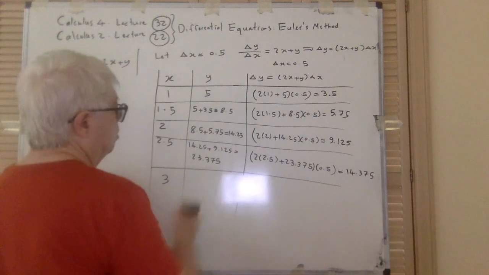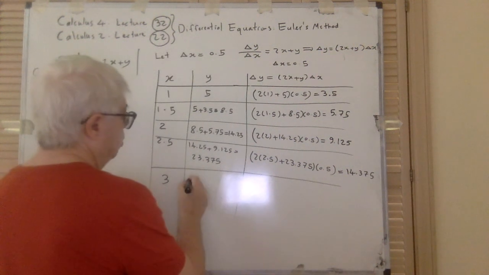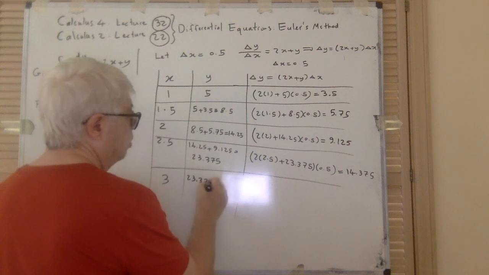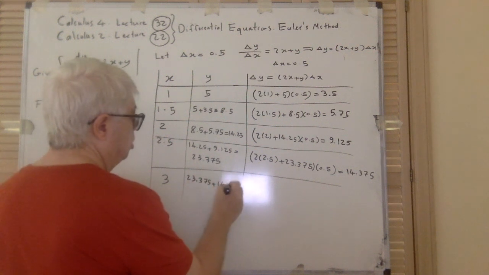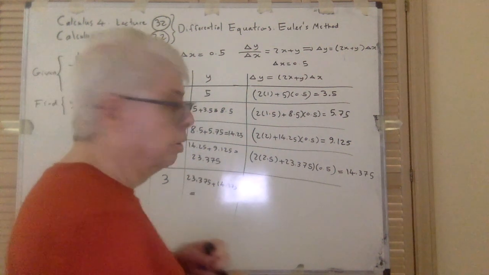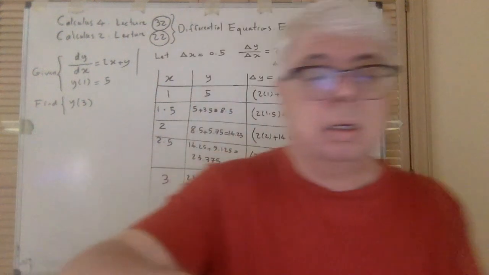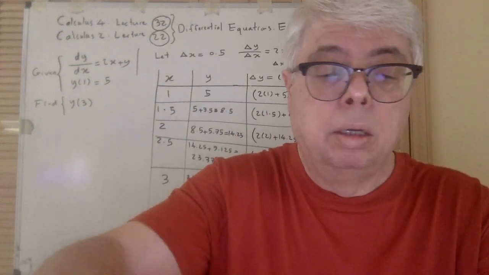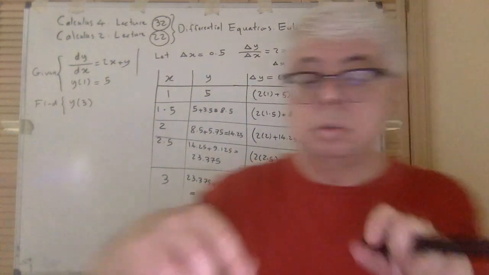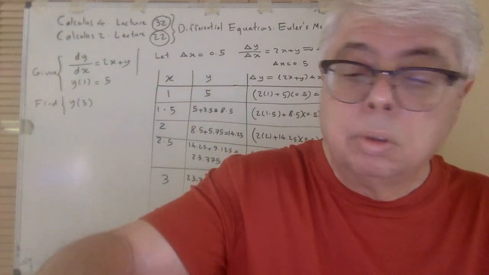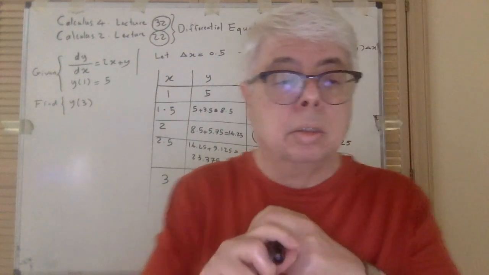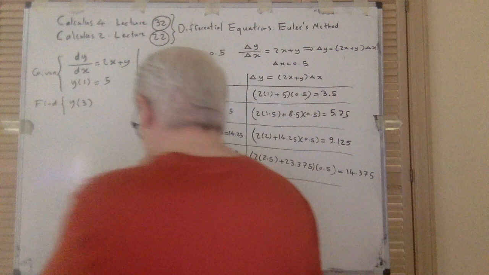Okay, well, I'm done because there's no need to go any further. So I have 23.375 plus 14.375, and that equals 37.75.